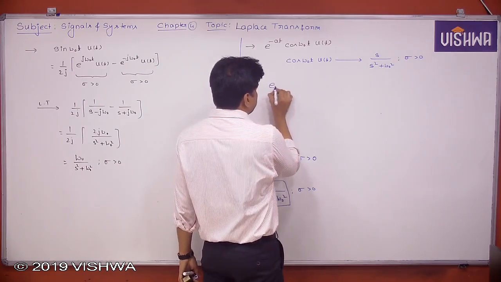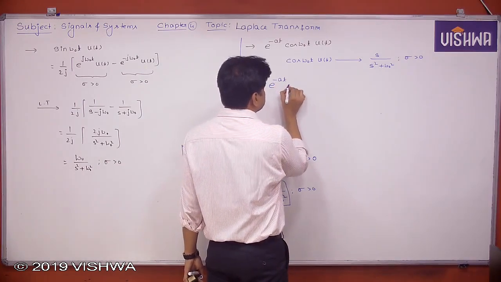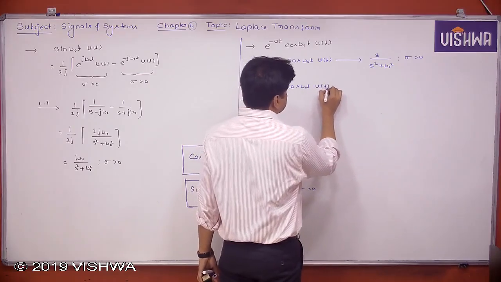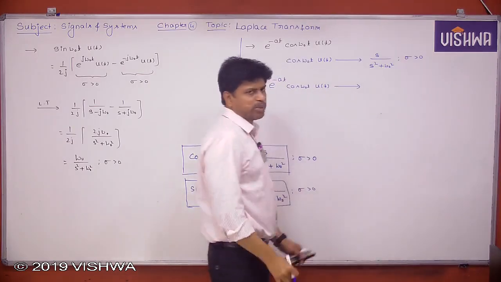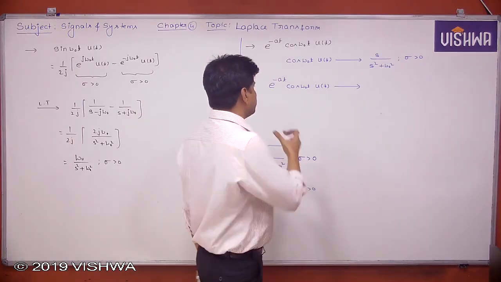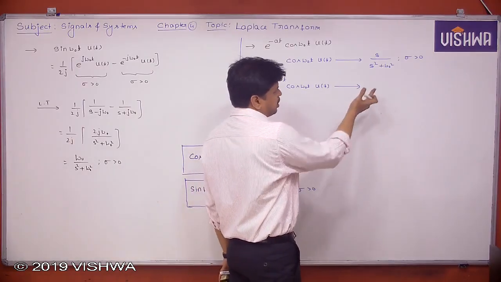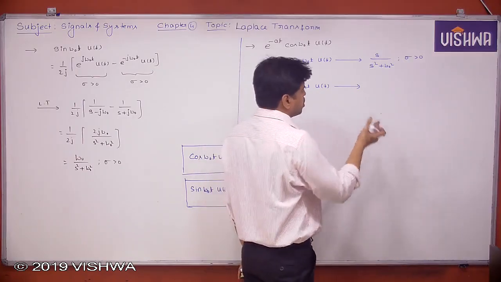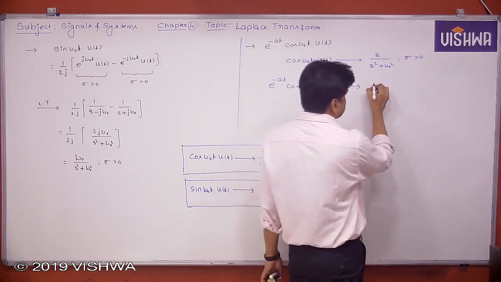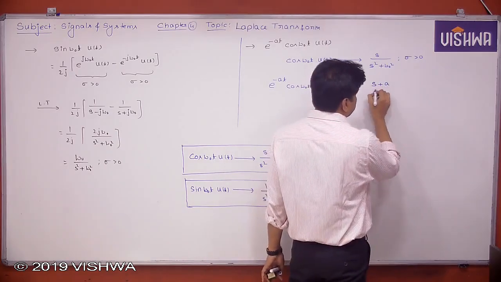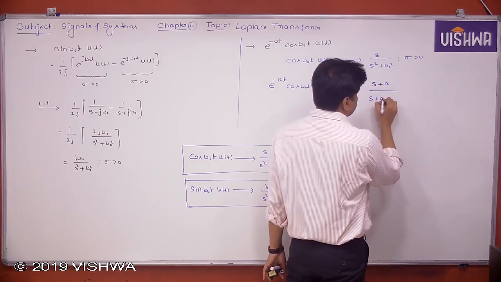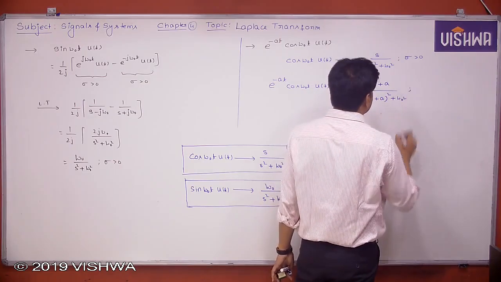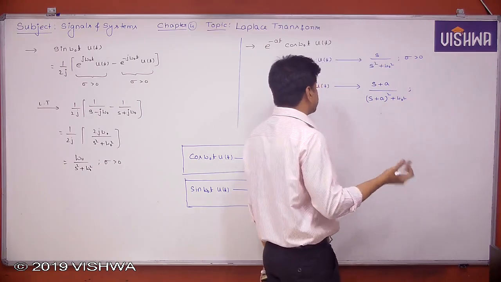If it is multiplied with e power minus at, can I go with the exponential multiplication in time domain property? If I multiply with exponential, then in the Laplace domain we have to replace s with s plus a. Then we are going to get s plus a by s plus a whole square plus omega naught square, with sigma greater than 0 plus real part of minus a.